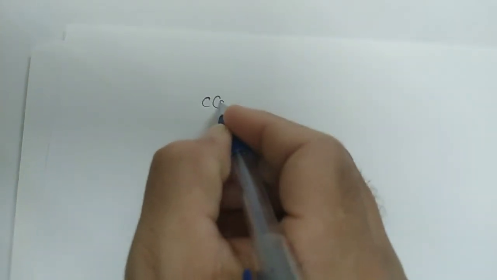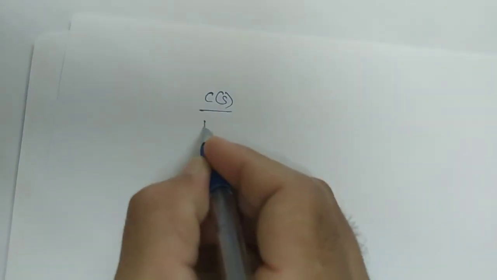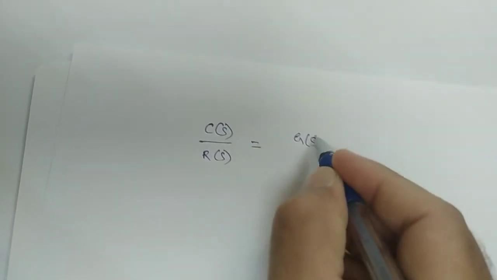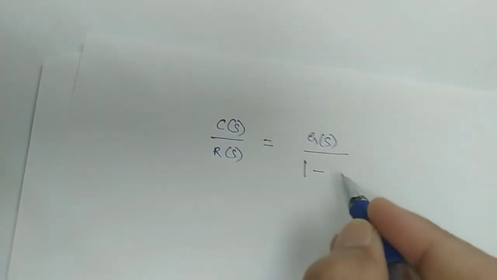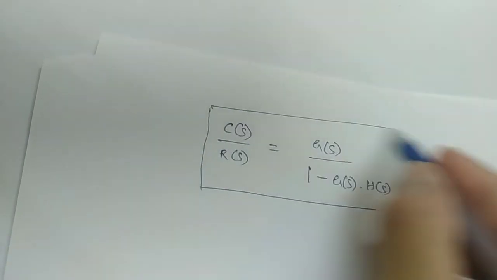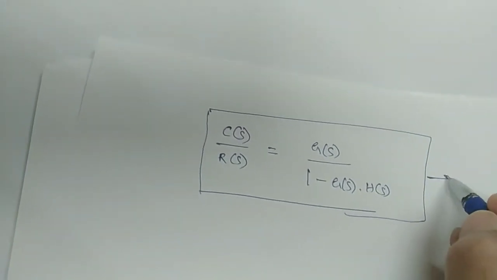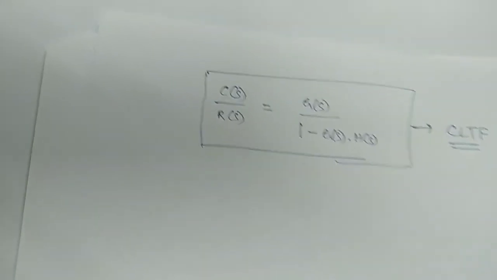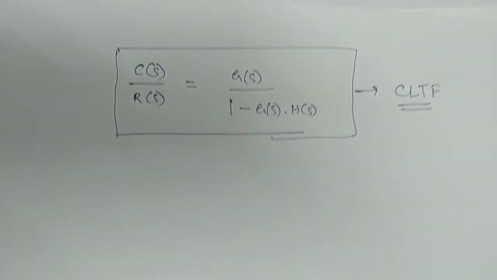You have to bring the relation for C of s by R of s, which is equal to G of s by 1 minus G of s into H of s. This is your CLTF, that is closed loop transfer function.